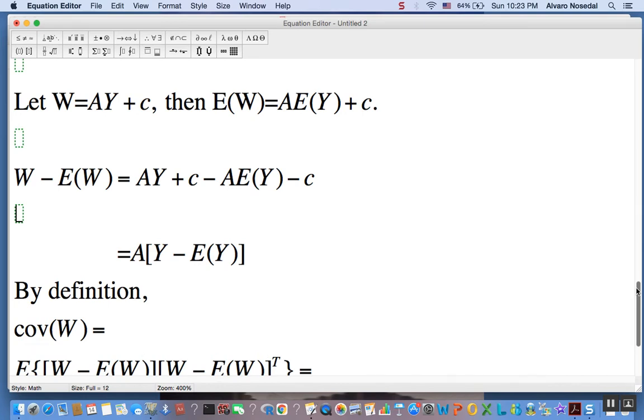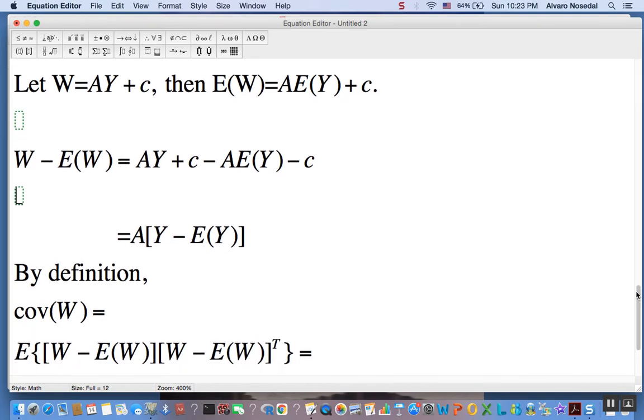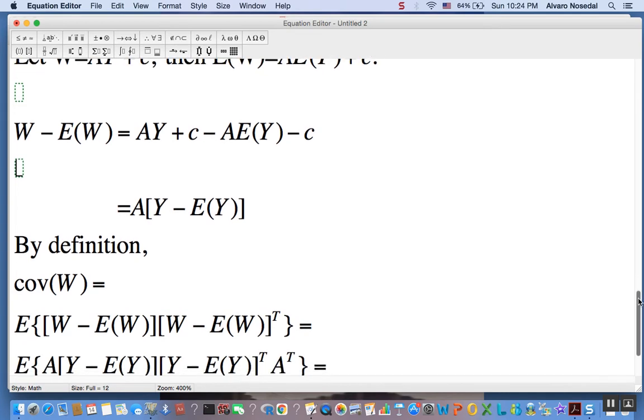Here I remind you that that's how we define the covariance matrix of a random vector W. And remember, first you have just that difference, then you have that transpose. So it's going to be a matrix.